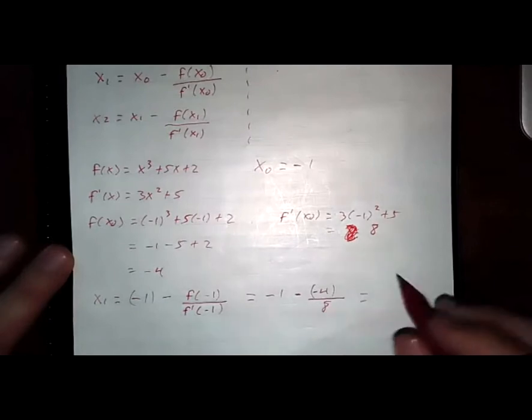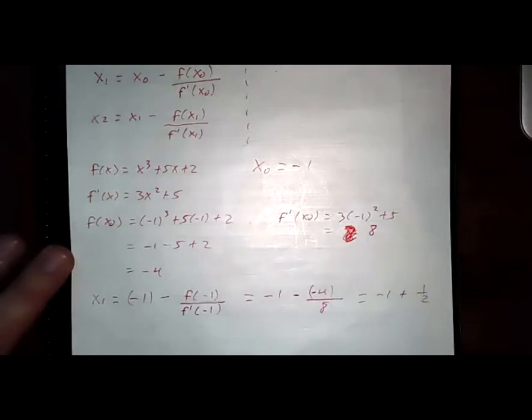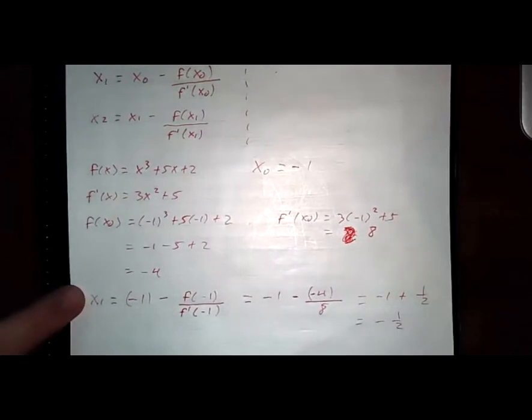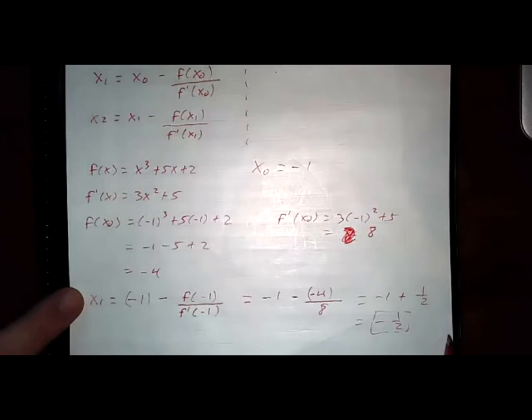So minus would be -1 plus 1/2. So -1/2. So we got x1. That's this. But the question says find x2.